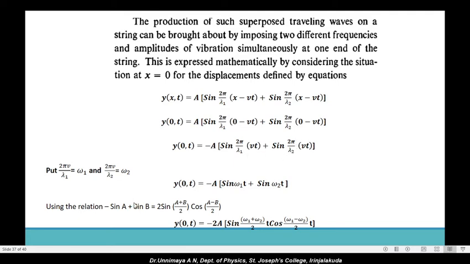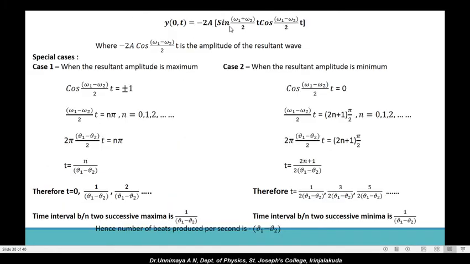We use the relation sin a plus sin b. We end up with this equation: minus 2a sin (omega 1 plus omega 2) by 2 into t cos (omega 1 minus omega 2) by 2 into t, where minus 2a cos (omega 1 minus omega 2) by 2 into t represents the amplitude of the resultant wave.